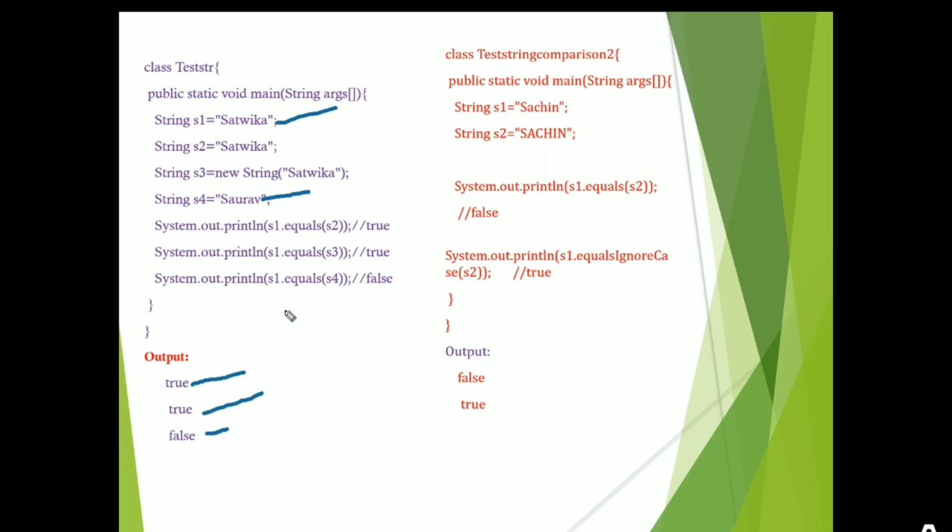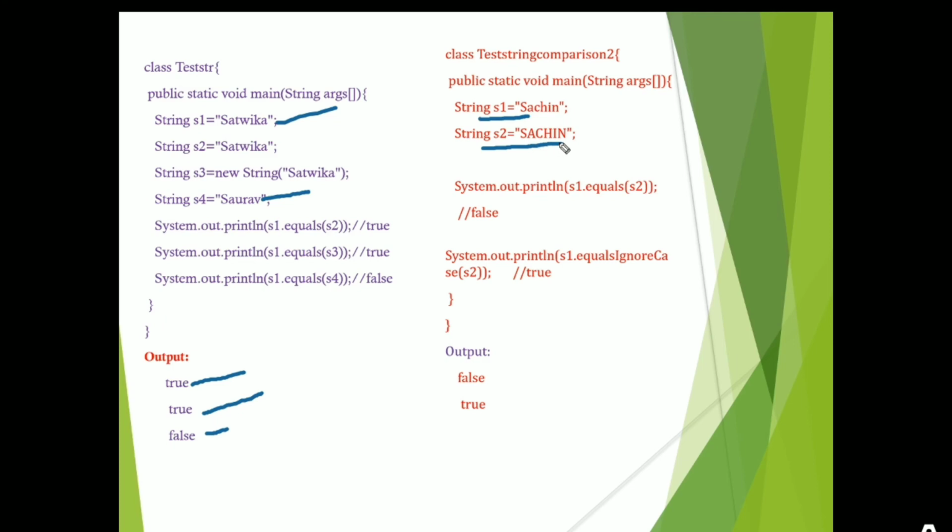And another is equalsIgnoreCase. Here we created the s1 object which holds Sachin, with the first letter in uppercase, and s2 also holds Sachin, but s2 is in all uppercase letters.